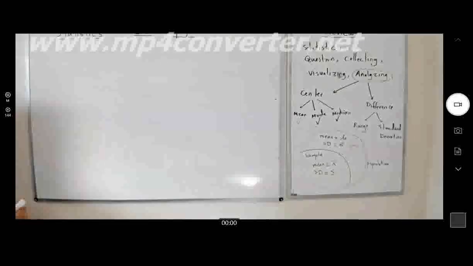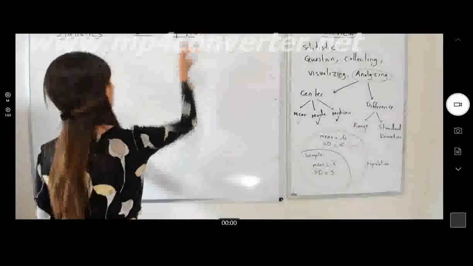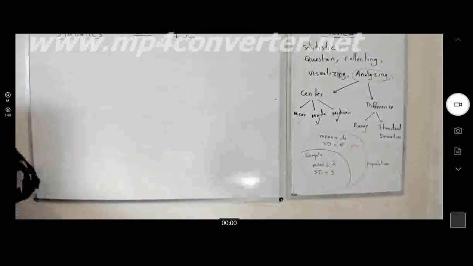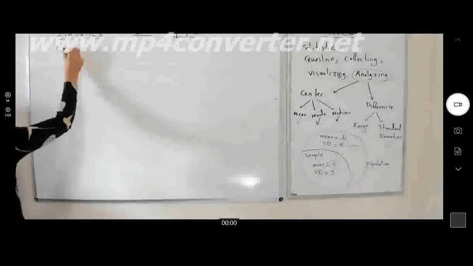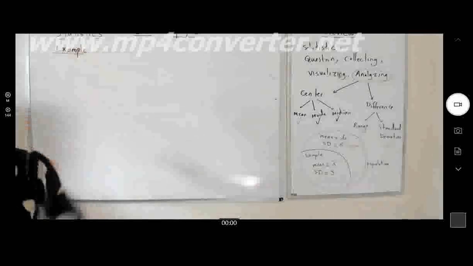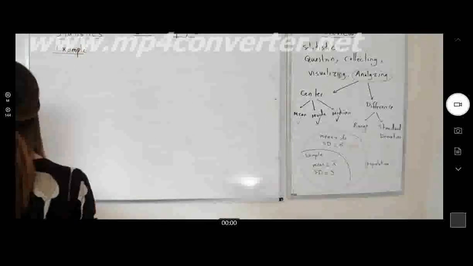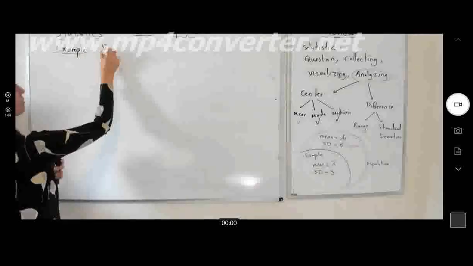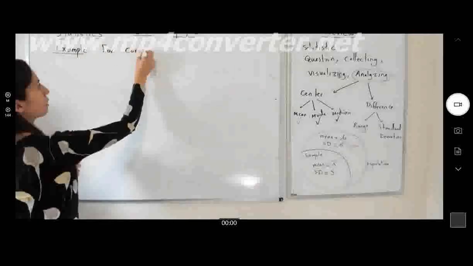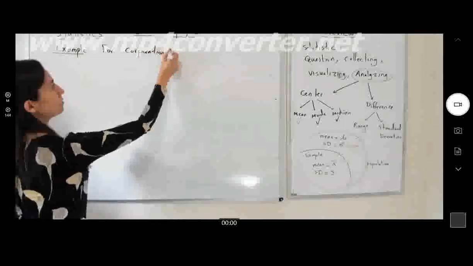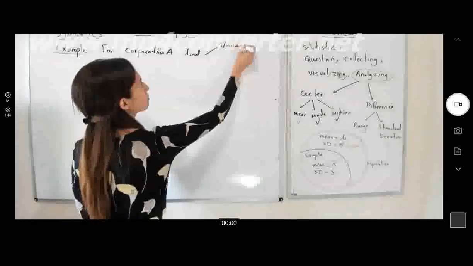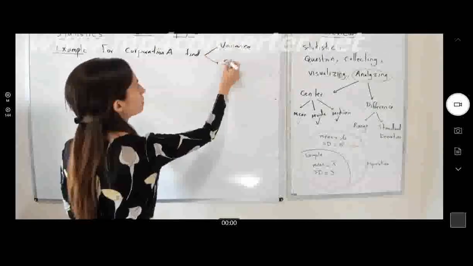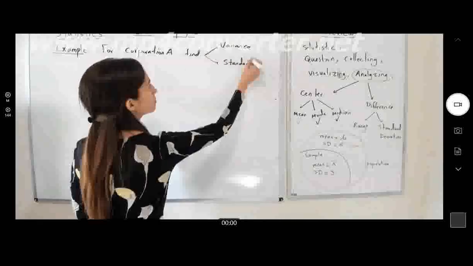So we are on page 3. And our goal is to find the population variance and standard deviation for corporation A. So for corporation A, find variance and standard deviation.